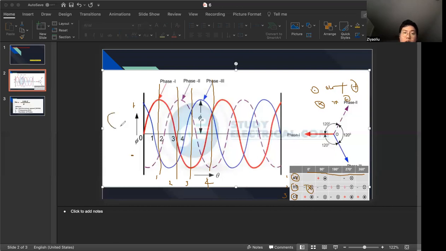So let's see. For example, draw this. One, one, two, two, three.